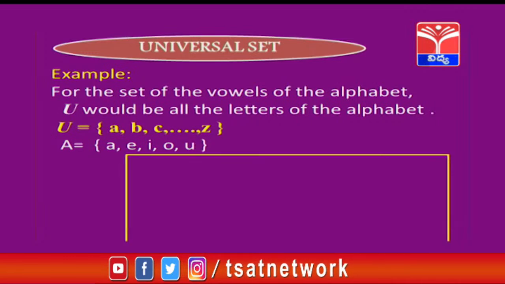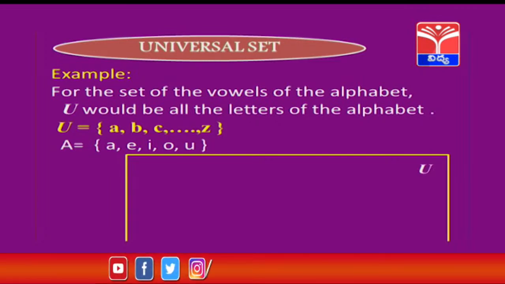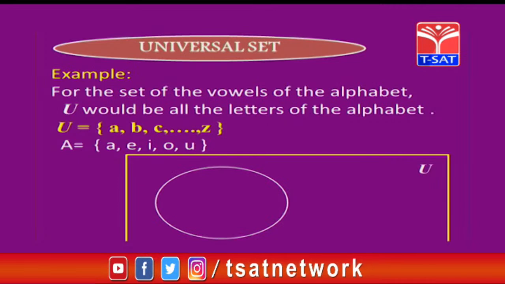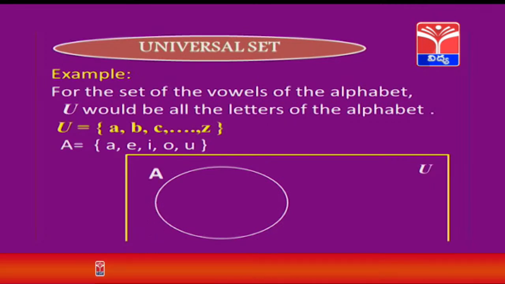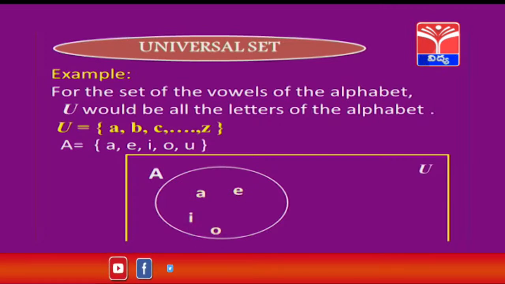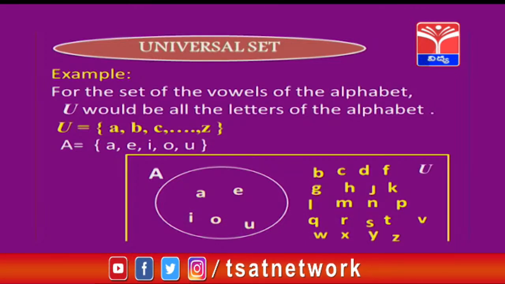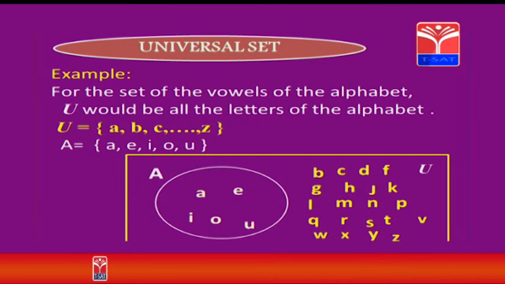Let us see how we represent the universal set. The rectangular shape is denoted by U or mu, that is, the full alphabet. In that there is a set A which contains the elements A, E, I, O, U. The remaining letters are outside of A, but they are both there in U only.